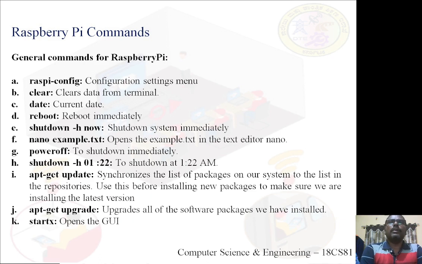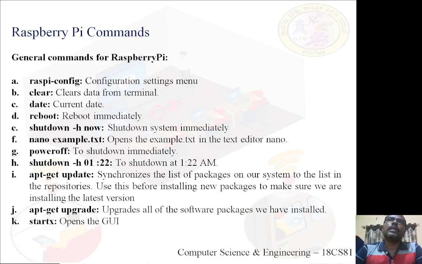Nano. See, nano is the most often used command. Okay, it's a text editor. I repeat, nano is the most often used command, which is a text editor, like Notepad in Windows. Here, for example, I have passed example.txt as an argument to the nano command.